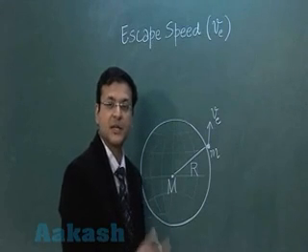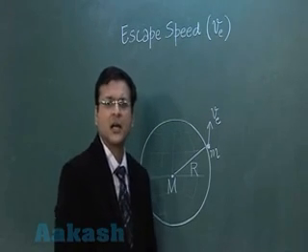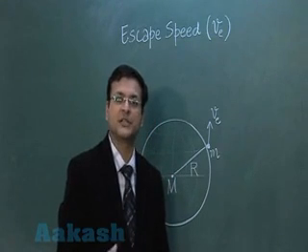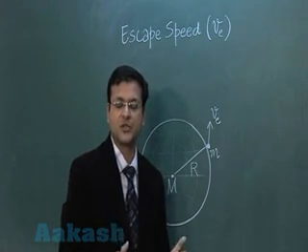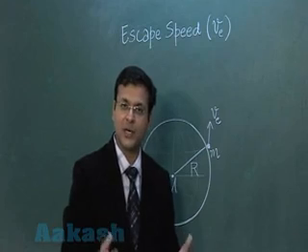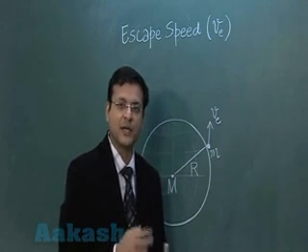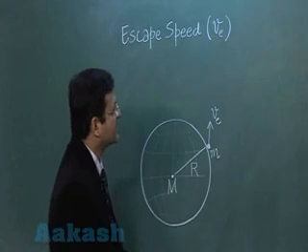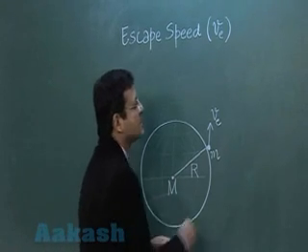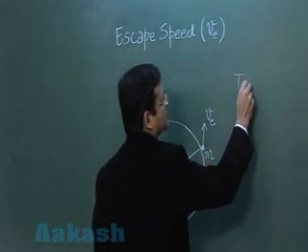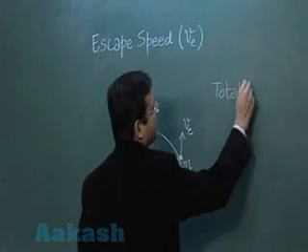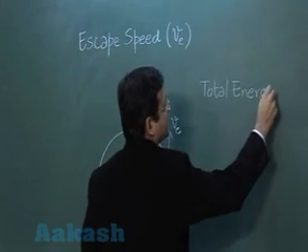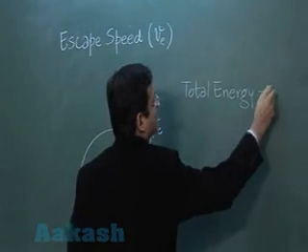This is a general saying that whenever the energy of a particle is 0 or positive, then it is free, it is not bonded to a system. But whenever the total energy is negative, it is bonded to a particular system. So escape speed means the total energy of this mass becomes zero.